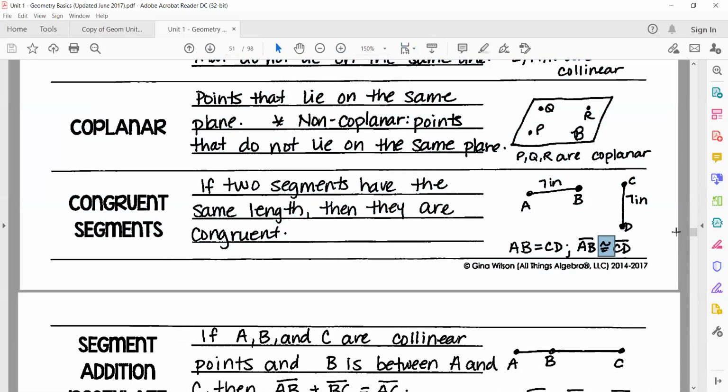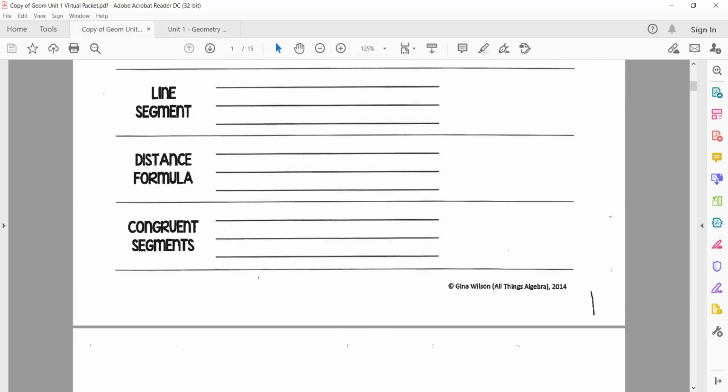Anytime you see that, you know you're talking about congruency. And you'll see that symbol used again and again and again. Questions, anybody?